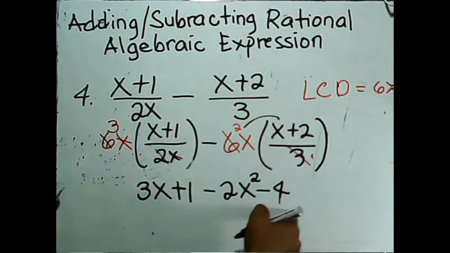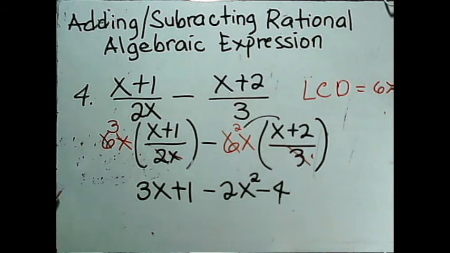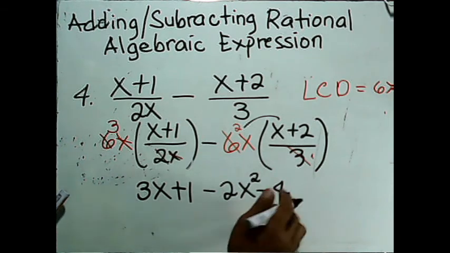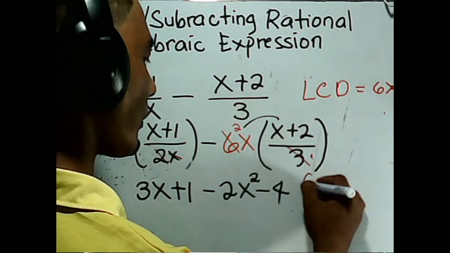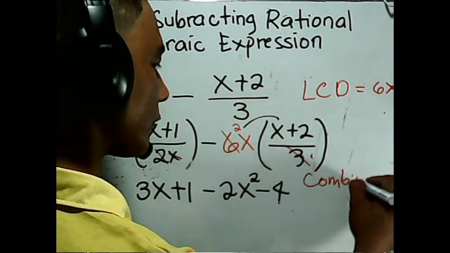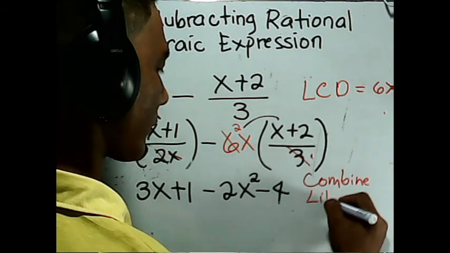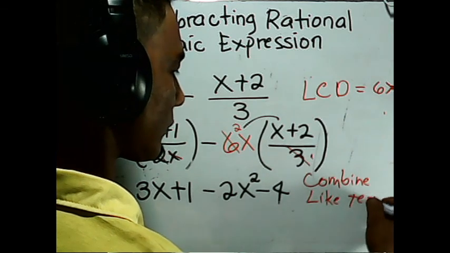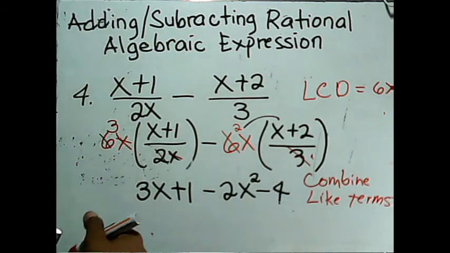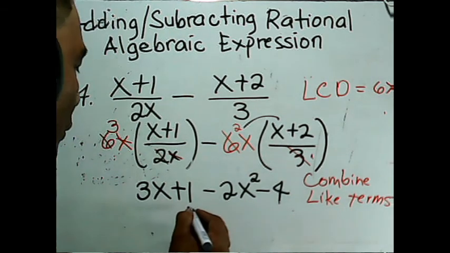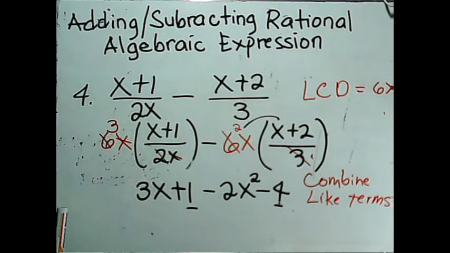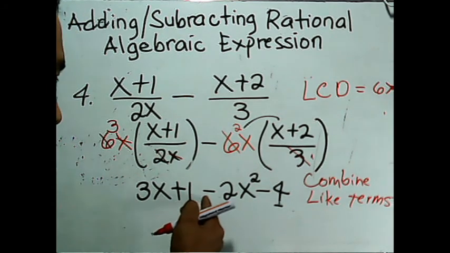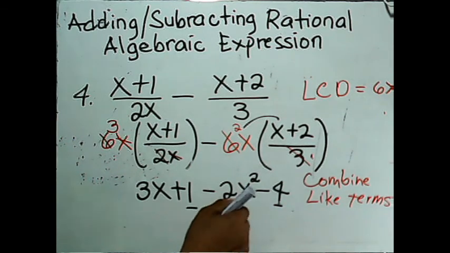Okay, so we're going to combine like terms. So we're going to combine positive 3 and negative 4, and we can arrange right away our answer.